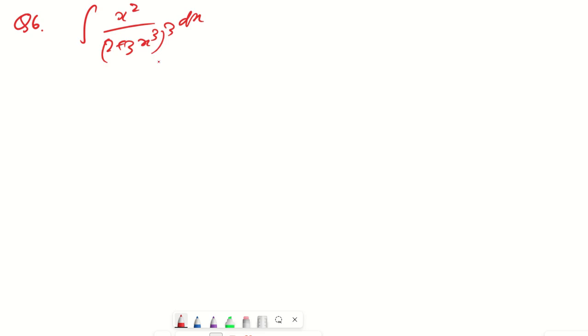So we can put 2 plus 3x cube is equal to some variable t, then differentiating, 2 will get 0 and this will become 3 3 is 9, x square dx is going to be dt. So can we substitute x square dx is equal to dt by 9.